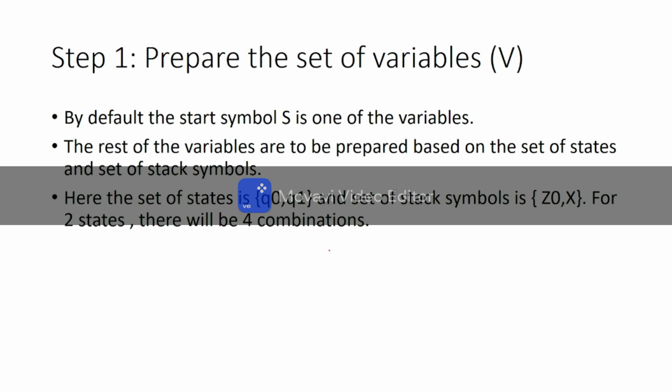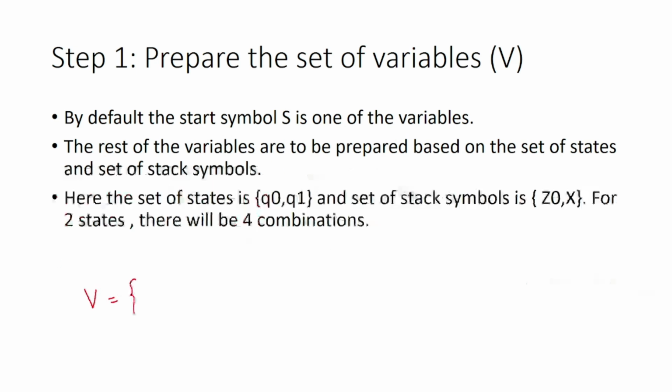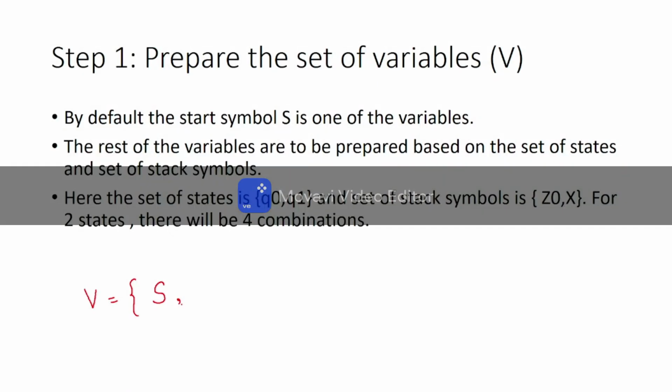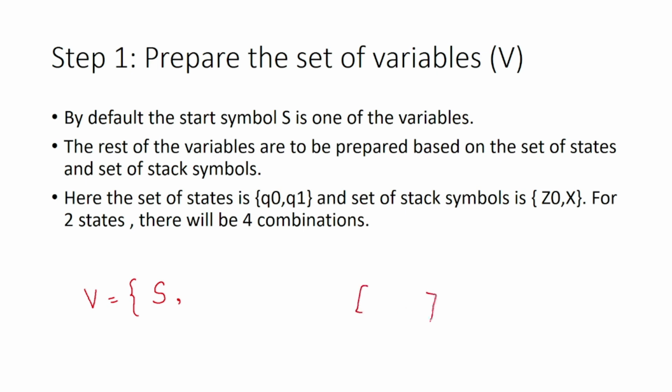So we are going to prepare the set of variables V. By default the set of variables V contains S as one of its elements. S is the start symbol, so it is a non-terminal, and we can include S in the variable set. The rest of the variables, we are going to represent each in a triplet form. It is going to have 3 components: first, second and third.